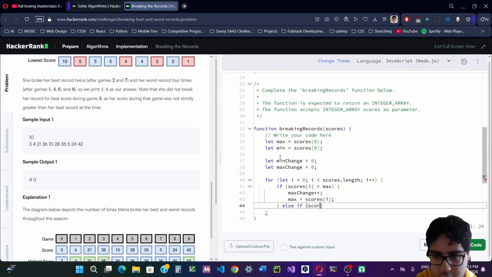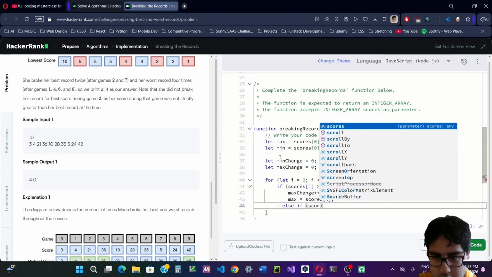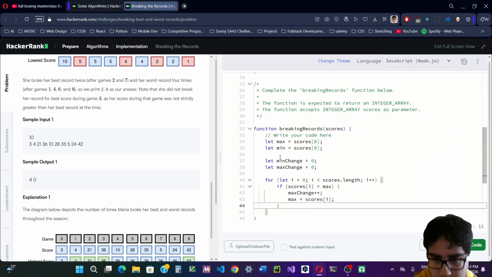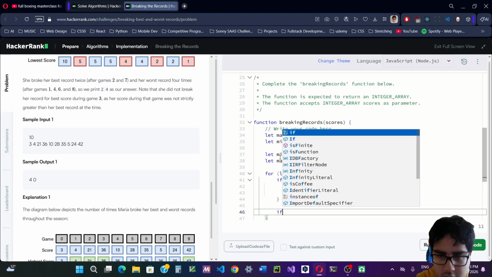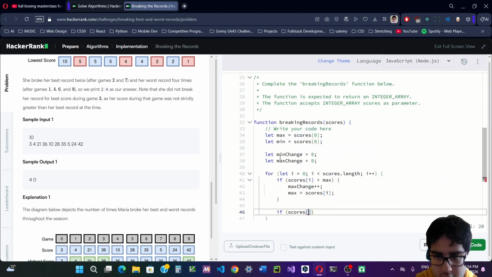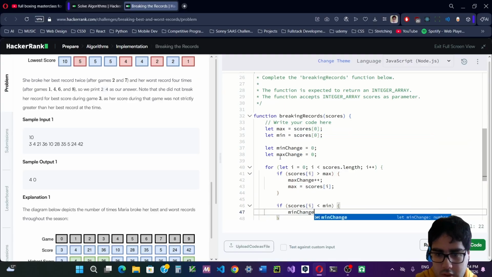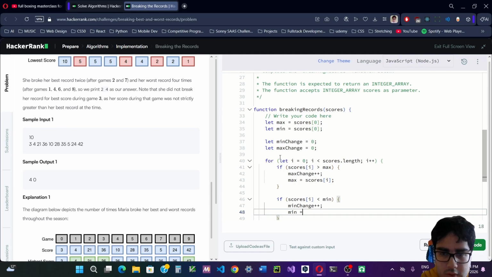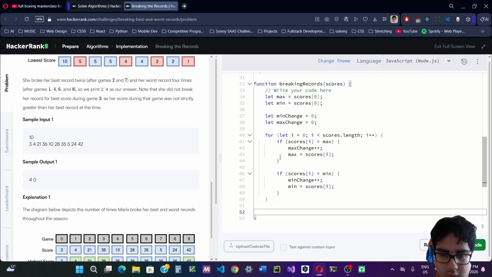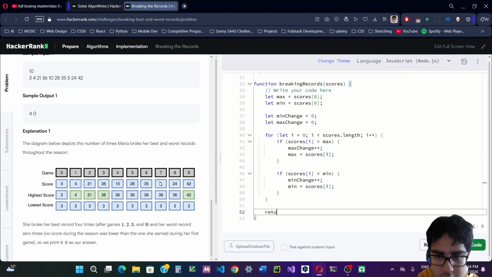Else if scores[i] is less than min, minChange plus plus, min equals scores[i]. And then we return minChange, maxChange.